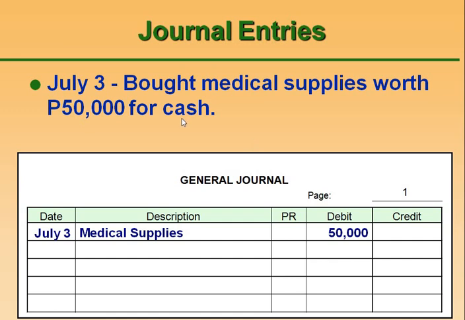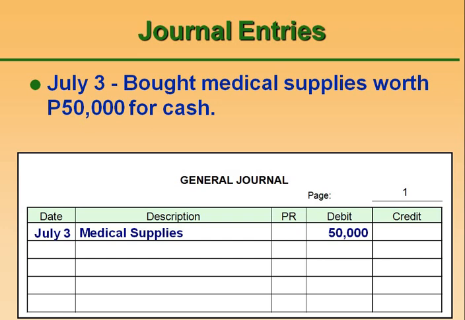Here, cash. The transaction clearly says. When cash is given up, it decreases, right? So, how are we going to record the decrease in the cash? Cash is an asset. The normal balance of an asset is debit. Meaning, to increase the asset, you have to debit it.